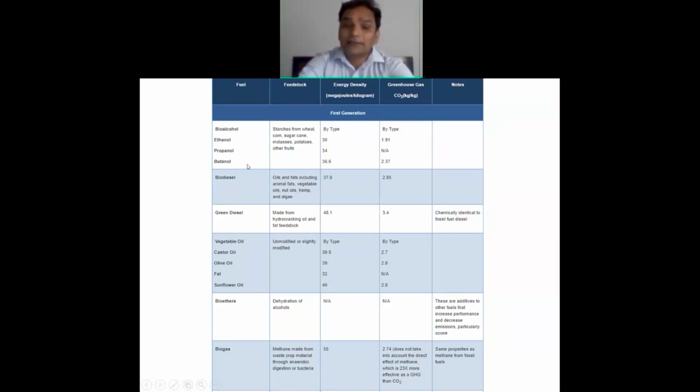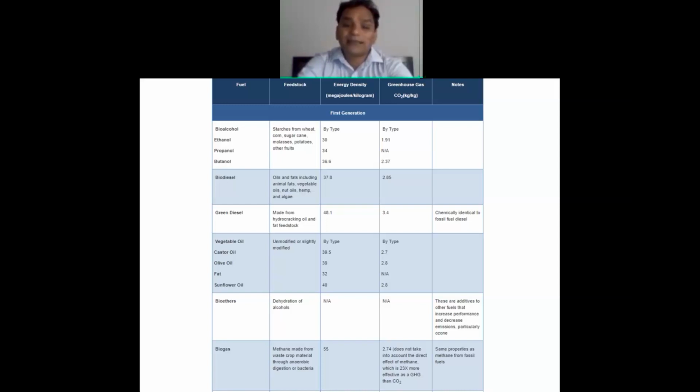These have hydroxyl groups associated with them, ethanol, propanol, and butanol, which come under the bioalcohol division. Biodiesel is basically obtained from fatty acids, primarily found in the cell membrane of plants and algae. There we can isolate them and convert them into fatty acid methyl ester, which works very well as a biodiesel.